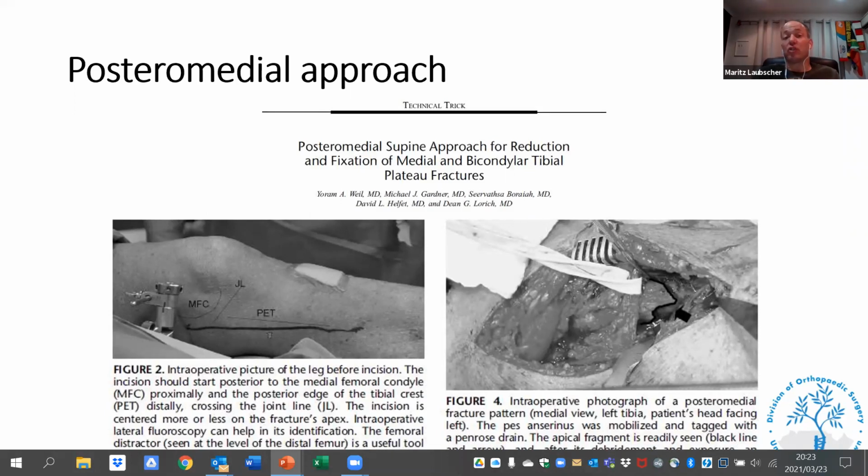When it comes to the posterior medial approach, this is mostly done for bicondylar fractures. With bicondylar fractures, you mostly have to also do an anterolateral approach. This is best done with the patient supine, and you can use a variety of techniques to do the posterior medial approach.